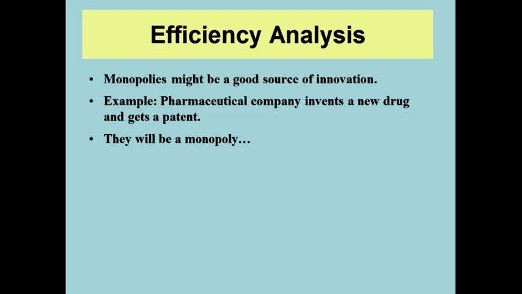If they weren't protected from competition, that drug may never have come into being. But society may be better off with the drug. I mean, imagine if some pharmaceutical company finds the cure to cancer. Well, if they're not protected from competition, they are not going to invest in that kind of research. It wouldn't be prudent. It wouldn't be economical. So sometimes we see monopolies as being good sources of innovation.